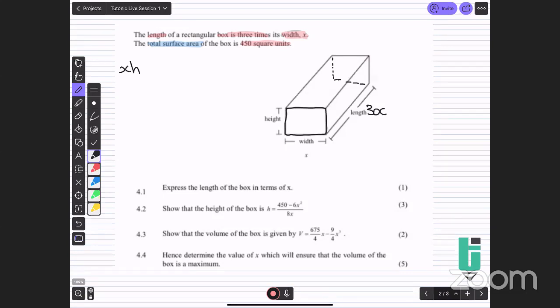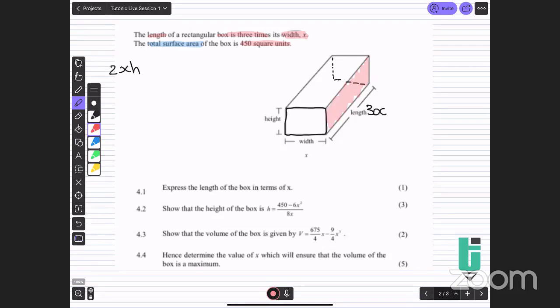Or you could say 2 times that area plus 4 times the other area. So what is this area here? Let me shade it in. How can we express this area?